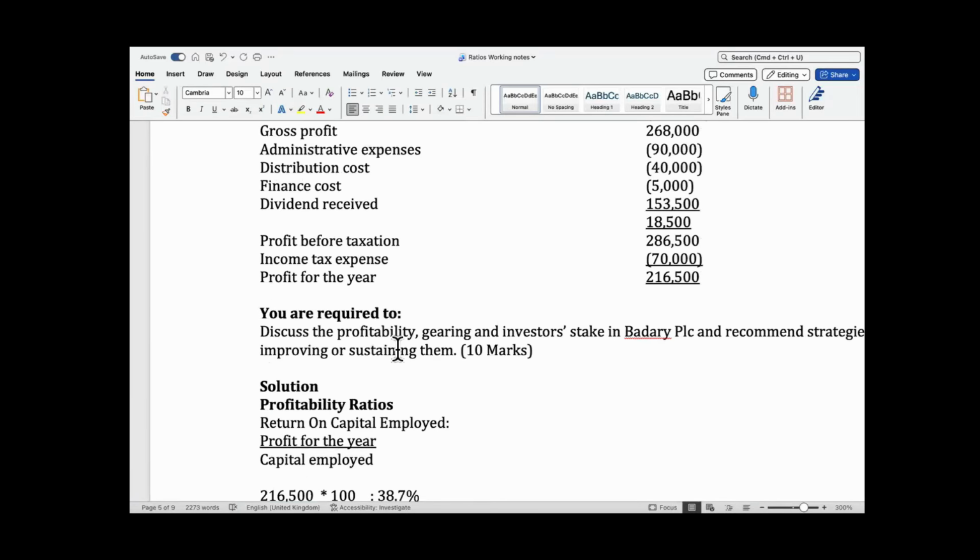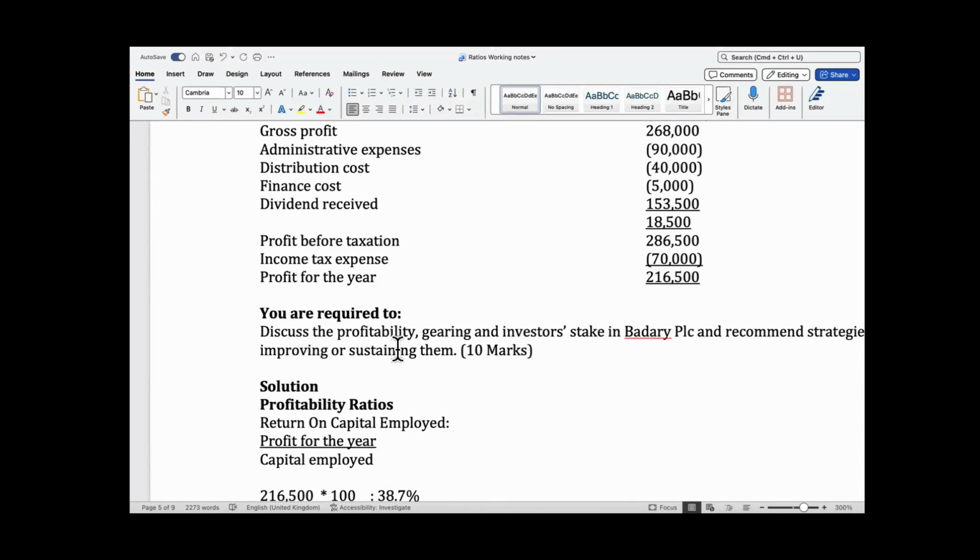Okay, I used to understand that we use PBIT over capital employed, and PBIT is not given as it is, but we have finance costs, so we would have profit before tax.